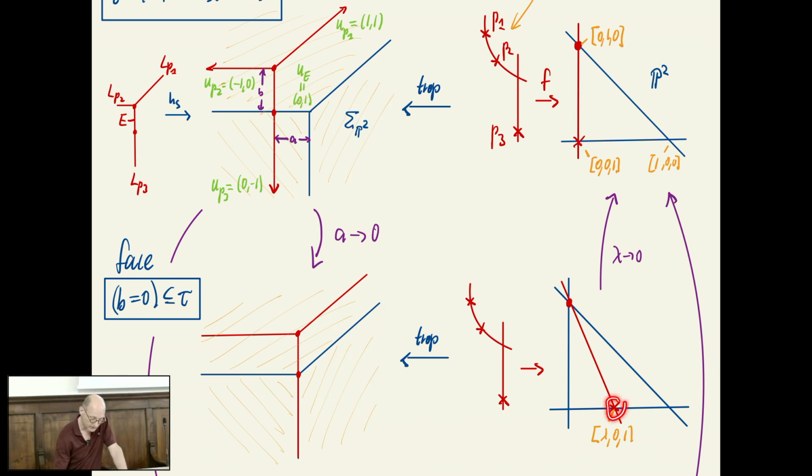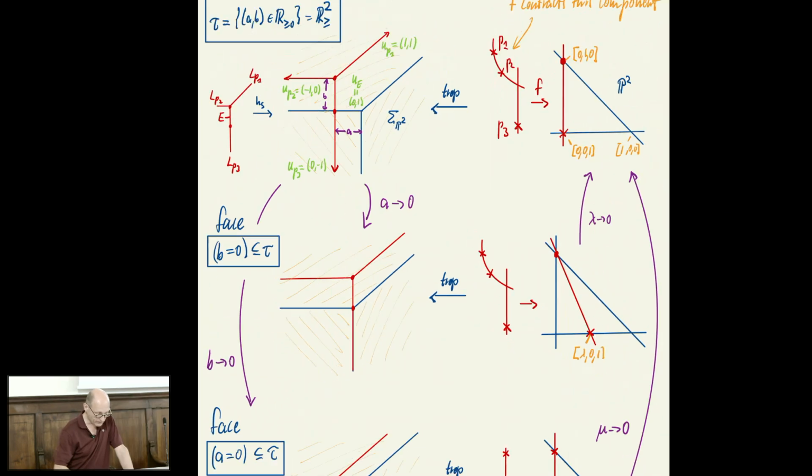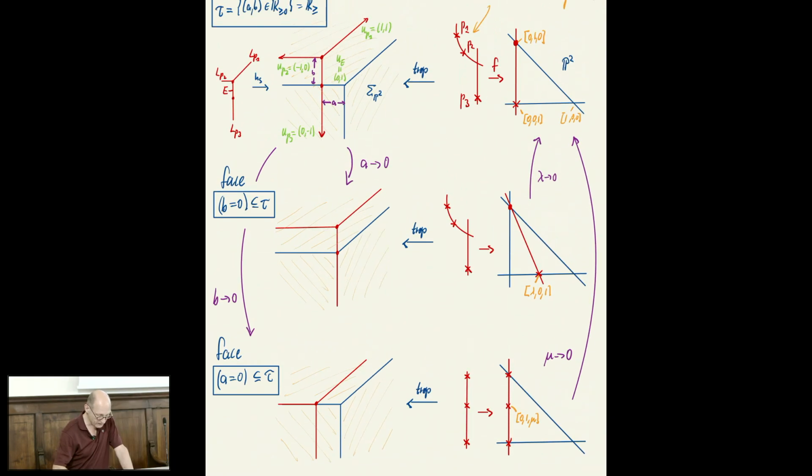So the contact order here stays as it was before. Contact orders always stay in families, okay? That's maybe something I should say at some point. I mean, contact orders of legs. Of edges, of course, the edges can disappear and then you're screwed. Okay, so the other limit you can do is B to 0. And now you see if B goes to 0, this kind of edge contracts.